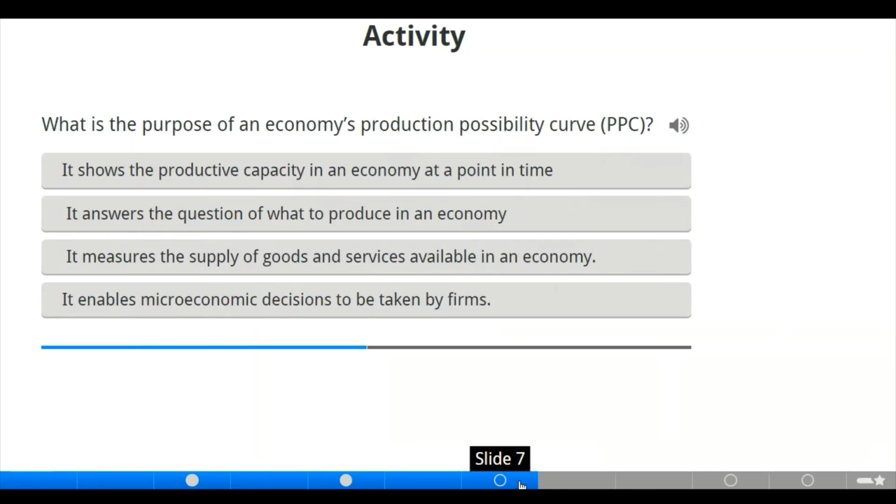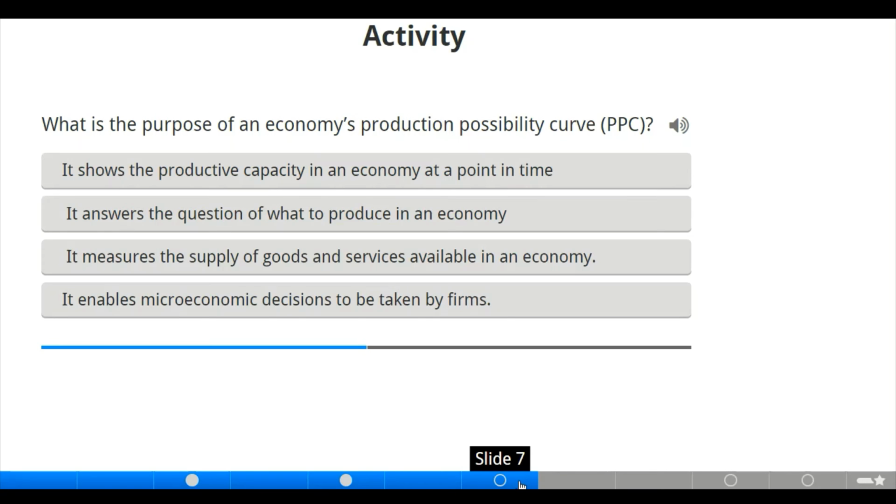What is the purpose of an economy's production possibility curve? According to the definition of PPC earlier, what is the purpose of it? This one is among your past questions, I think. It shows the production capacity in an economy at a point in time. Is that so? Let's check. It answers the question of what to produce in an economy.